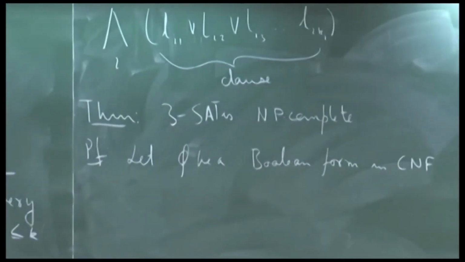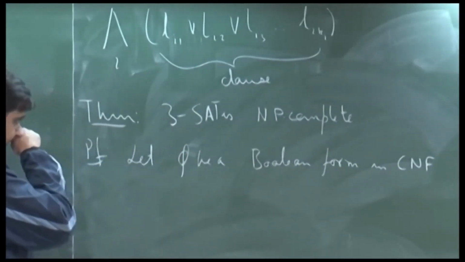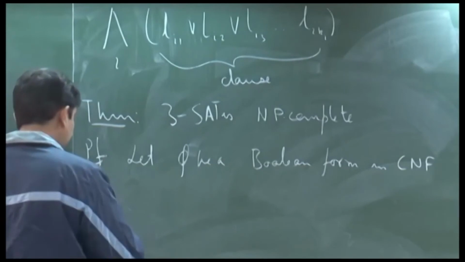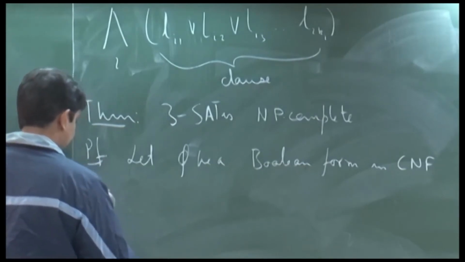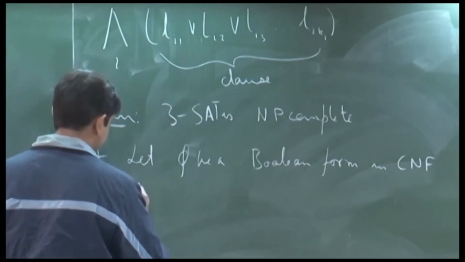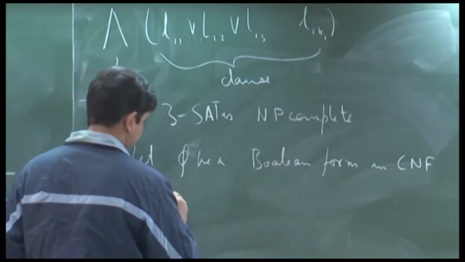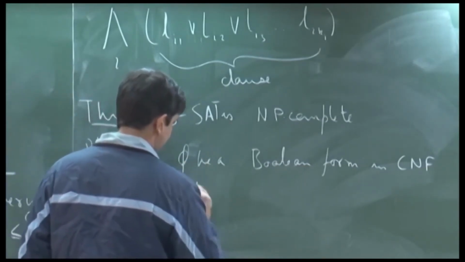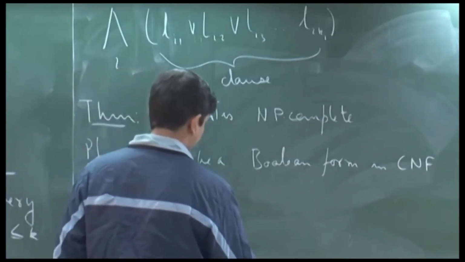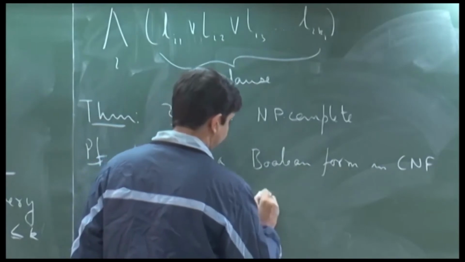I will make one assumption about phi for the time being. Later we will see how that assumption can actually be generalized. So, we will assume that phi has at most 4 literals per clause.